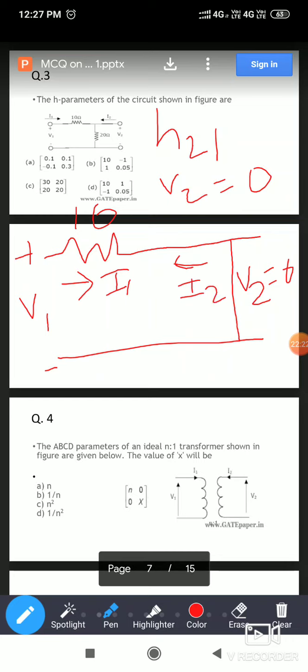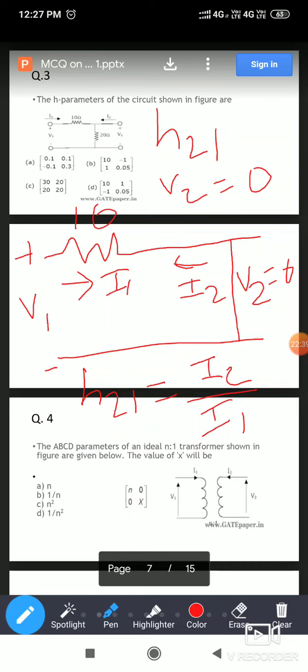Now what will be the equation of H21? If you observe carefully, H21 is I2 divided by I1, by putting V2 equal to 0.